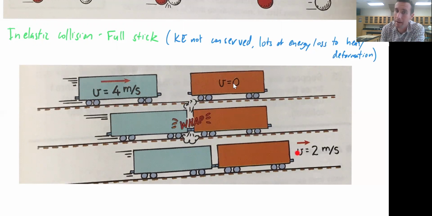So I have the same amount of momentum before the collision and after the collision. Before the collision, I had 4 meters per second on one train car. After the collision, I have 2 meters per second on two train cars for a total of 4. So again, it works out as a conservation of momentum, but not a conservation of kinetic energy because it lost some to that whap right there where they collided and stuck.